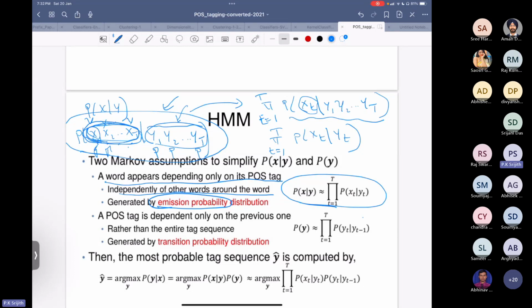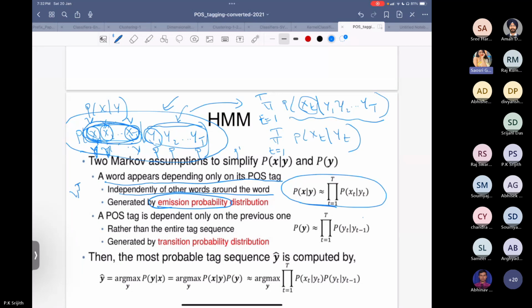If you assume x1 takes v different values, x2 takes v different values, xt takes v different values, the number of different possible combinations of x1 to xt is going to be v raised to t. And how many different possible y1 to yt are there? That is going to be p raised to t.